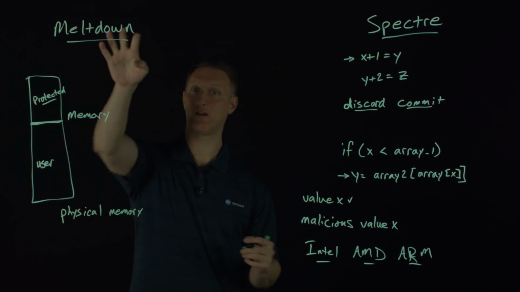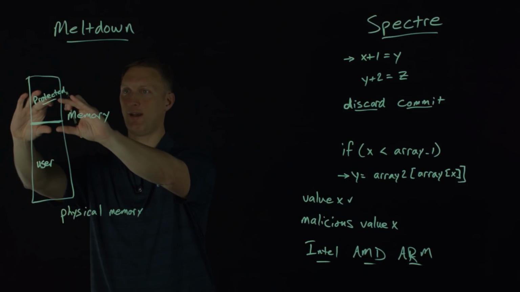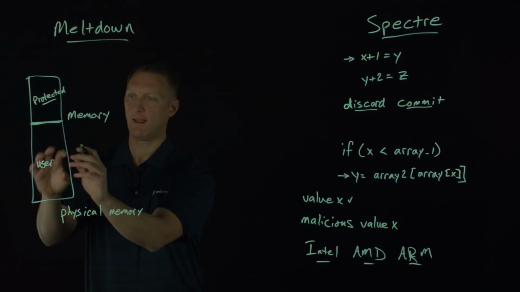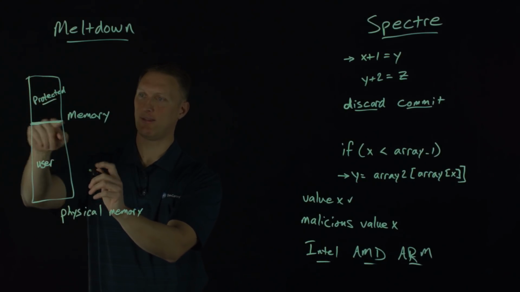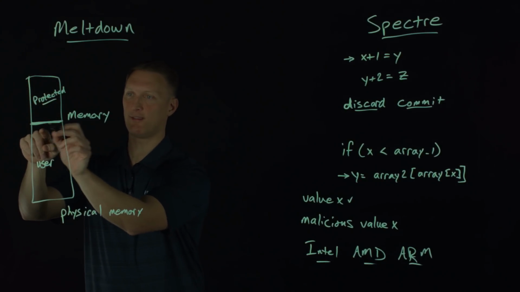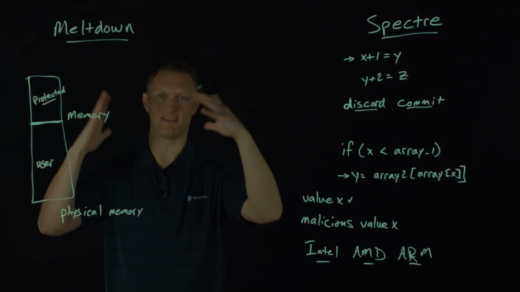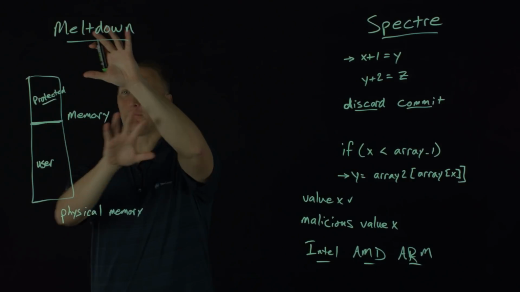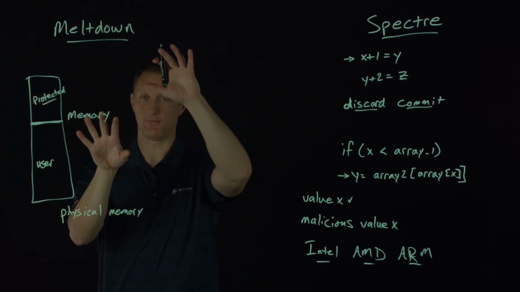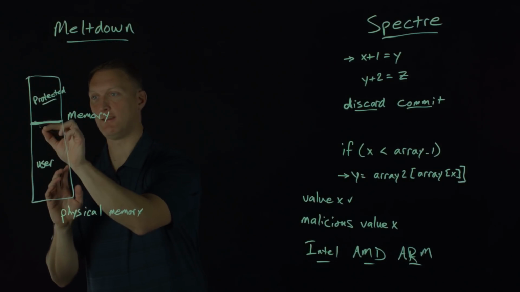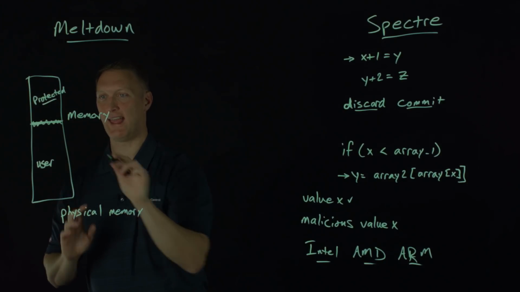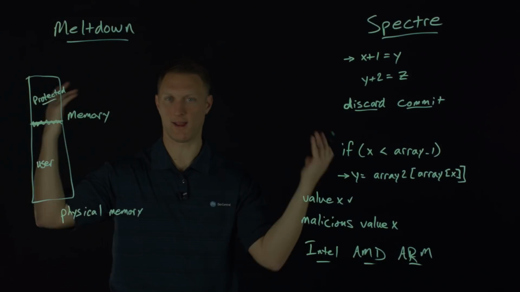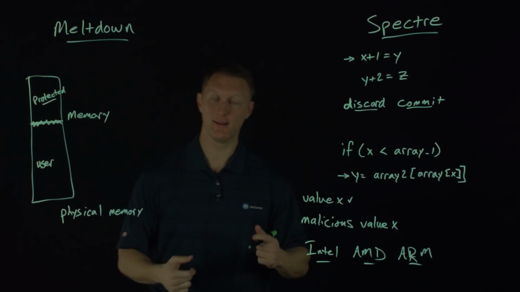All right, the reason that this is called Meltdown is because you have this idea of all of the memory on the computer, some of it's user and some of it's protected, and there are supposed to be these effectively walls, these guards between these two different types of memory. And because of this problem, these walls have been melted down, and so now there's no distinction between common user and protected memory.